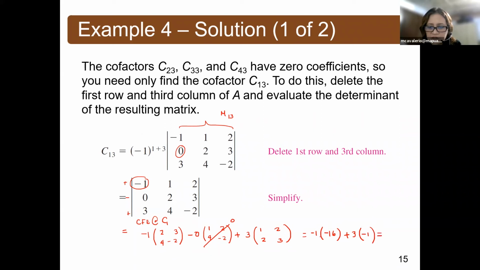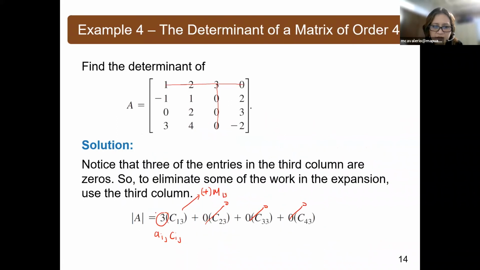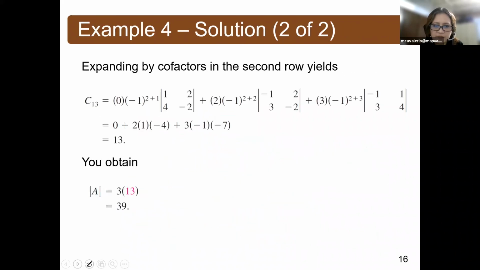So we will have 16 minus 3, which is 13. Therefore, we can now find the determinant of the original matrix. Again, we multiply by 3. So 3 times cofactor 13, and cofactor 13 is 13. So 3 times 13 is equivalent to 39. So here we will have 39.